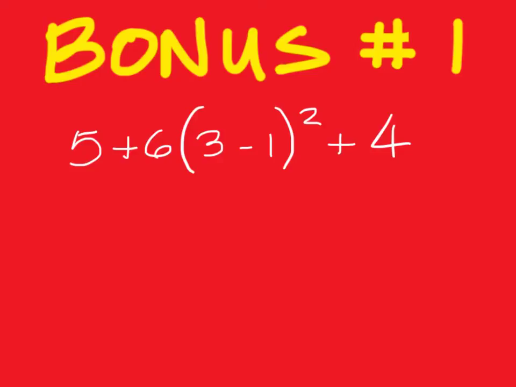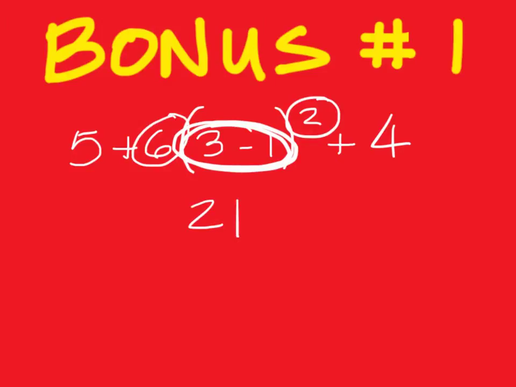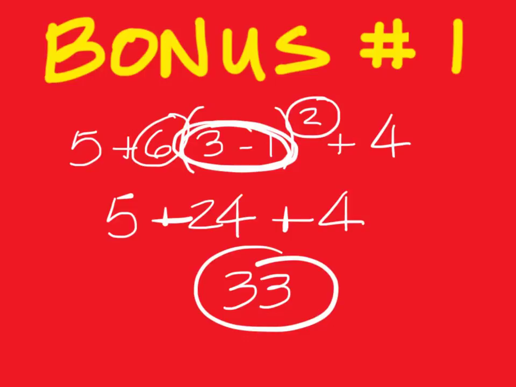On this bonus problem, 3 minus 1 is 2. Squared is 4. Times 6 is 24. And then you're going to add 5 to that, and then 4, which would give you 33.